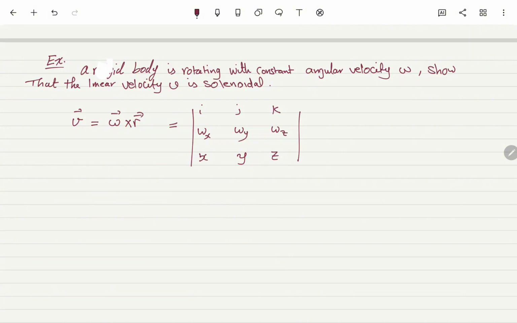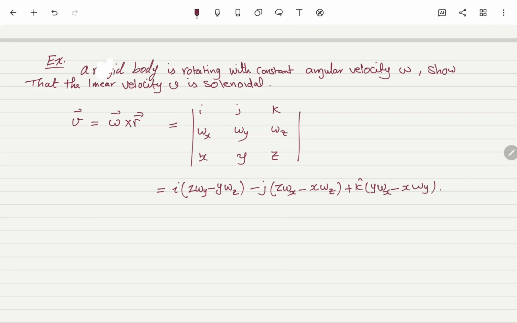When you solve this determinant here, you will get î (zωy − yωz) minus ĵ. You remember the rule of how to solve this 3 by 3 determinant. (zωx − xωz) plus k̂ (yωx − xωy).